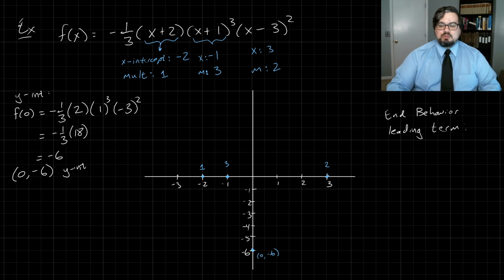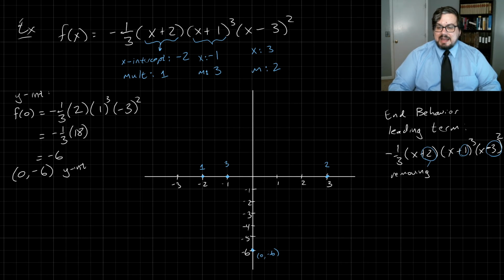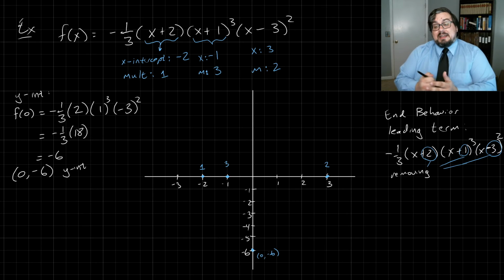Now the trick here is that if we look at -1/3 times (x plus 2) times (x plus 1) cubed times (x minus 3) squared, we can find the leading term by removing all of the constants that are being added to x's in each one of these factors here. When x is very, very, very large, adding the 2 or adding the 1 or subtracting the 3 makes very, very little difference.